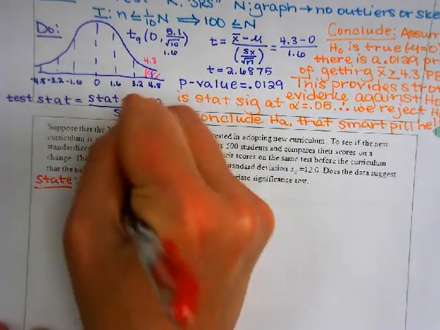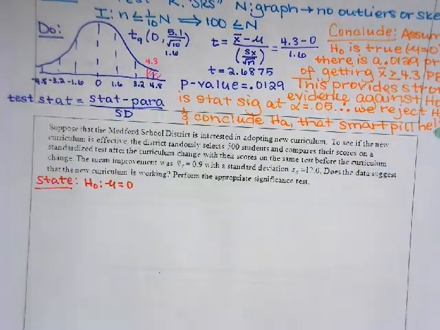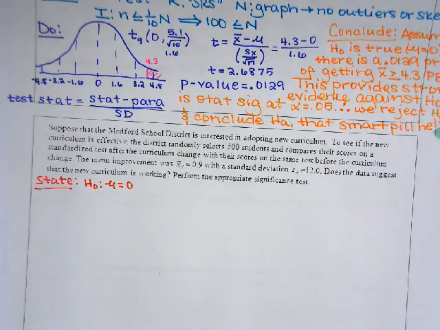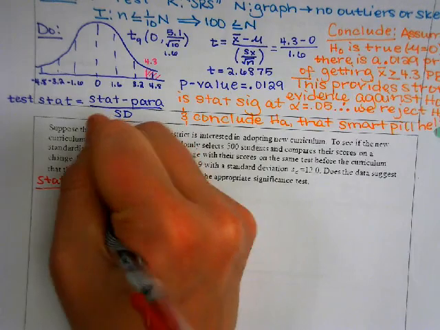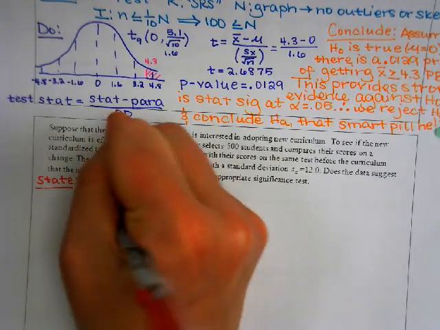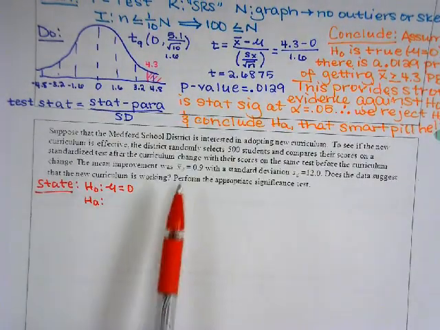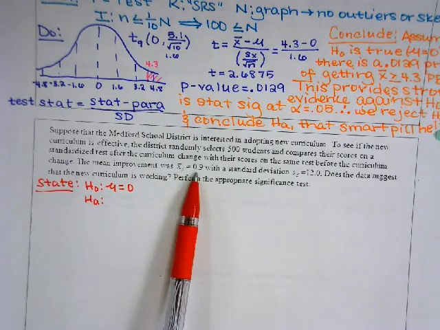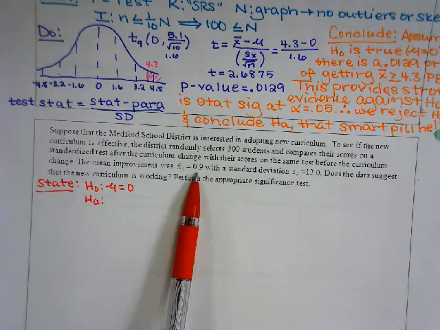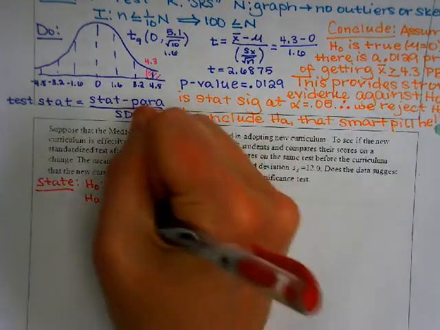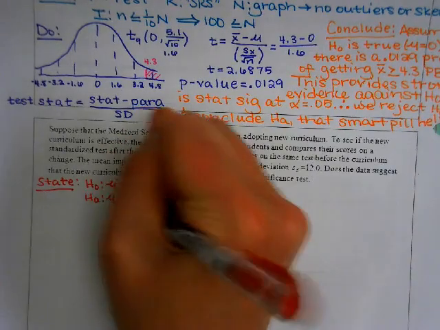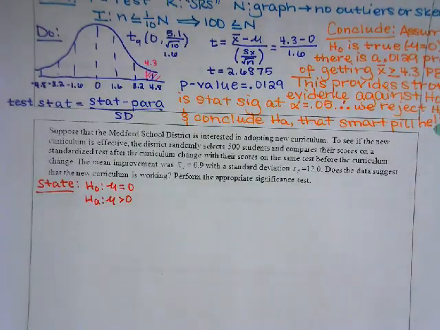The alternative: the mean improvement was 0.9, so we're going to say that the alternative is that mu is greater than 0, that the new curriculum does improve test scores. Mu is the true average difference in the test scores.